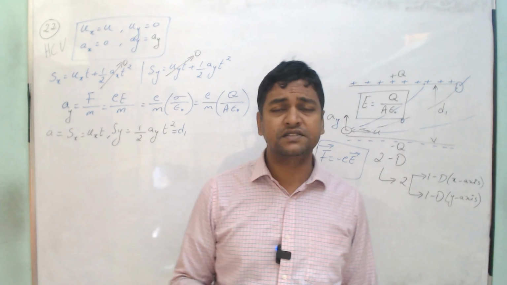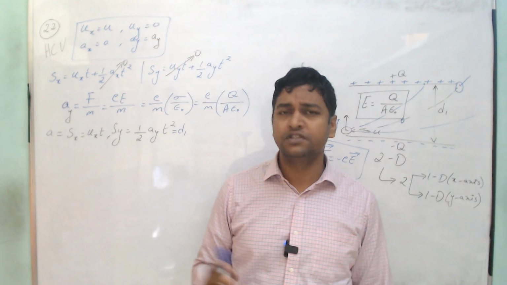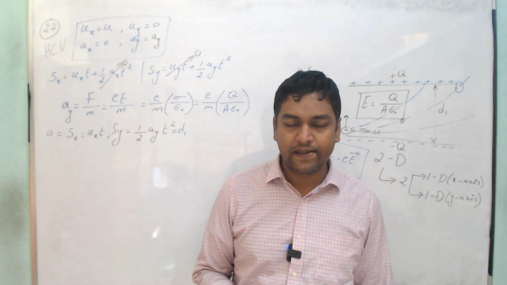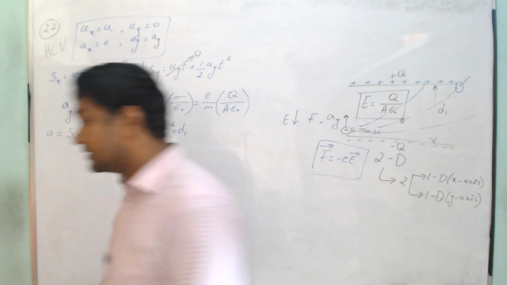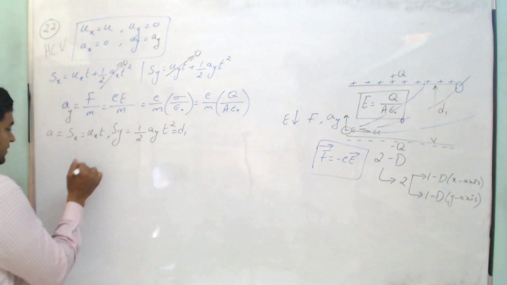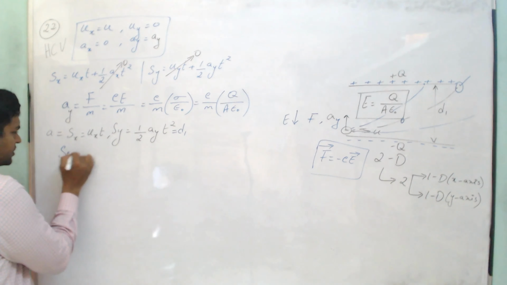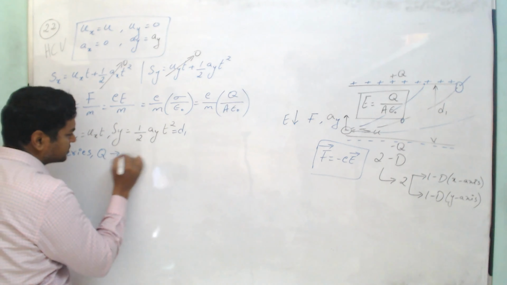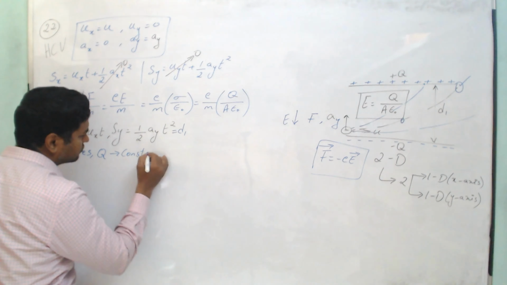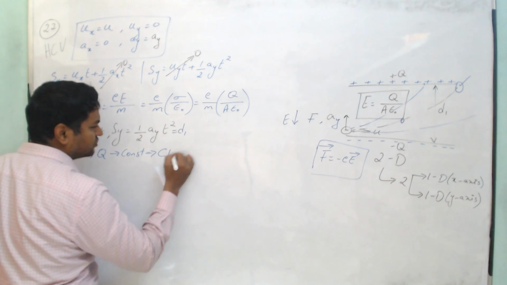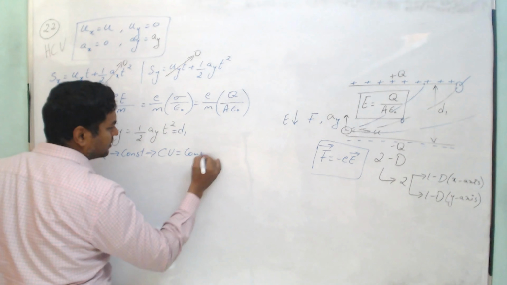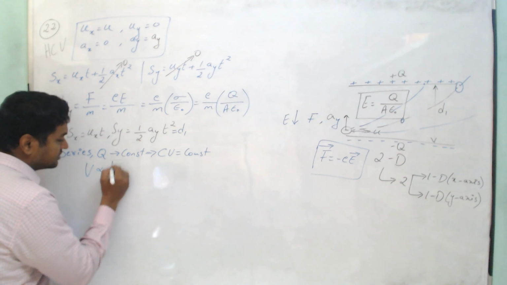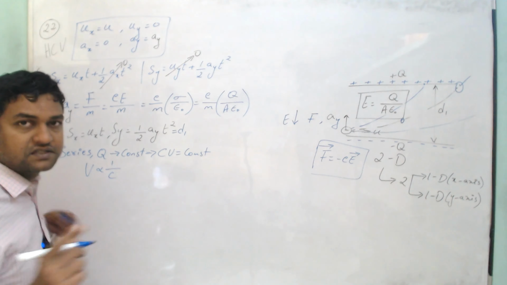Q is equal to CV, so V is inversely proportional to C. Because the combination is series, therefore charge is constant. Q is equal to CV implies that C into V is constant. That means the potential difference across each of the capacitors is inversely proportional to the capacitance.